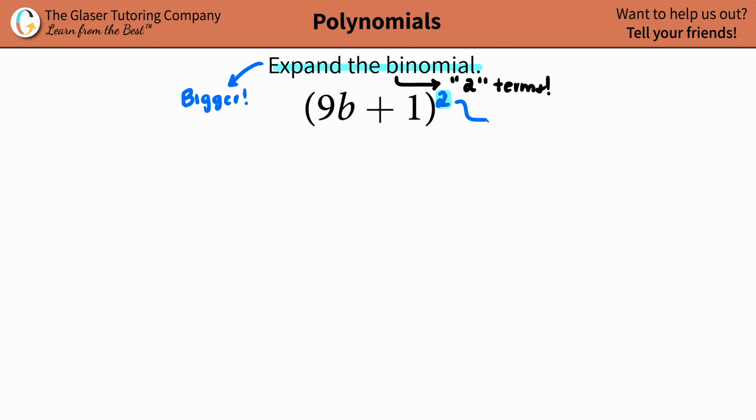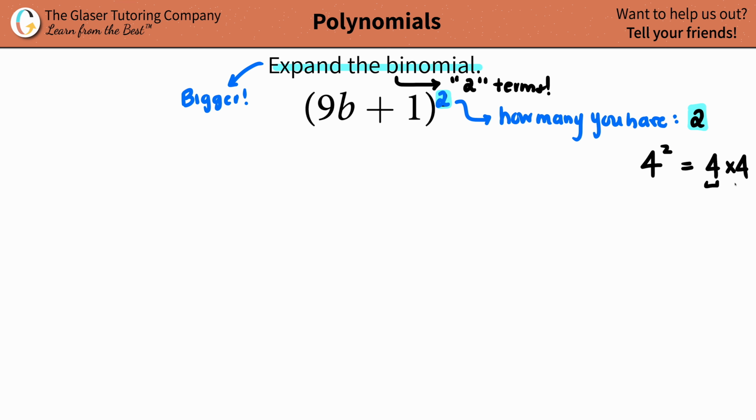So let's just write that down. The exponent is always going to tell you how many of whatever it is you have. So in this case, where it's 9b plus 1 and it's being squared, you have 2 binomials because the exponent is squared. Keep in mind that 4 squared is 4 times 4. You have 2 4s.